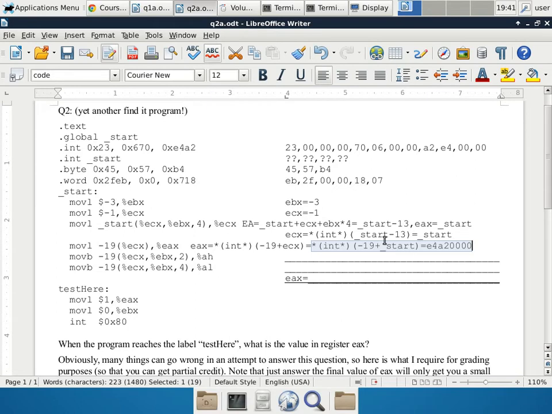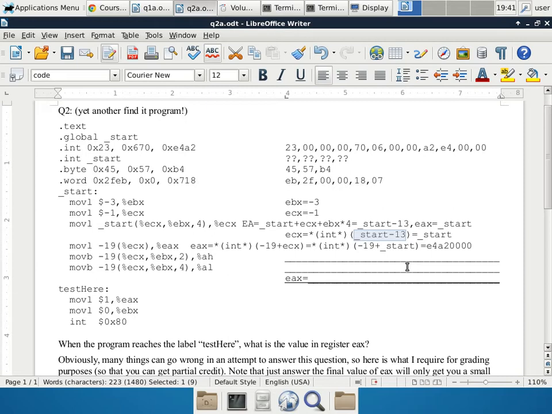I can still understand why you get rid of minus 13. Why is it not minus 13? Because, getting back to the instruction before this one, the effective address is not underscore start minus 13. That part we know, because we do the calculations.